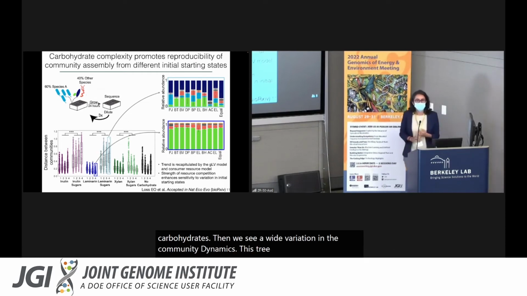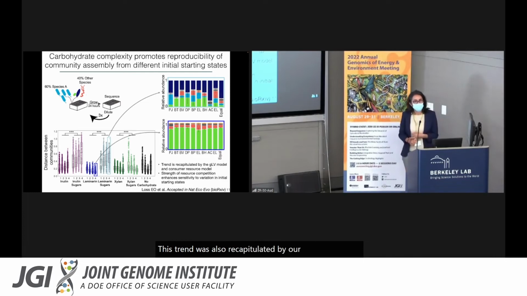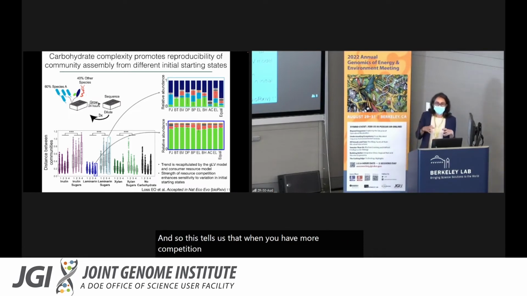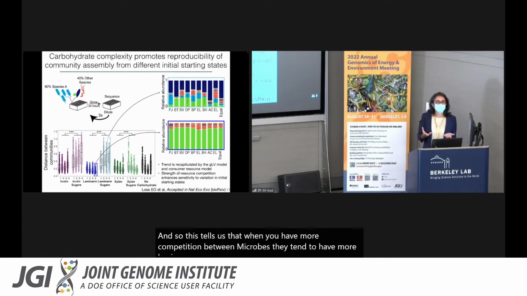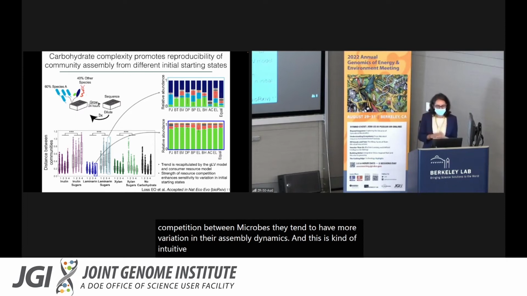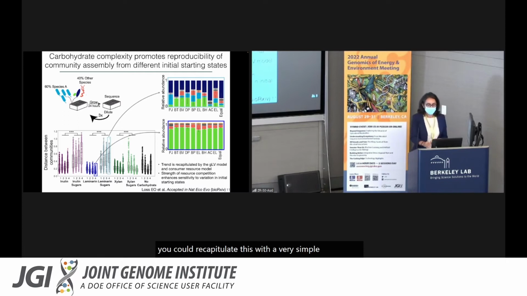This trend was also recapitulated by our generalized Lotka-Volterra model. It was also recapitulated by a consumer resource model. And so this tells us that when you have more competition between microbes, they tend to have more variation in their assembly dynamics. And this is intuitive, but it was really nice to see that you could recapitulate this with a very simple model of competition.